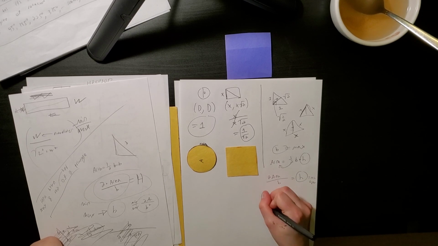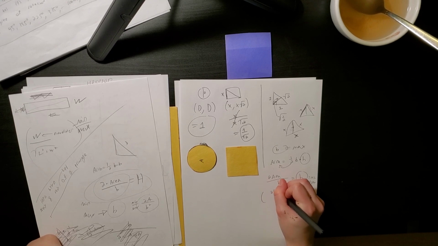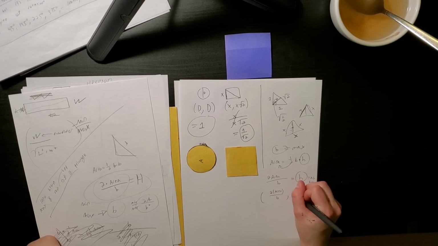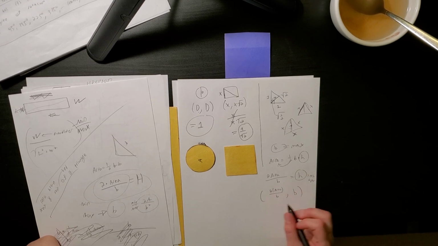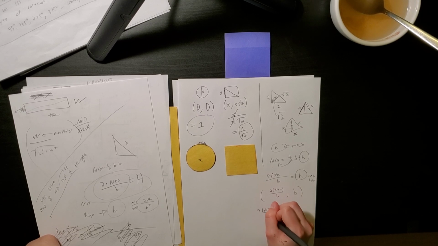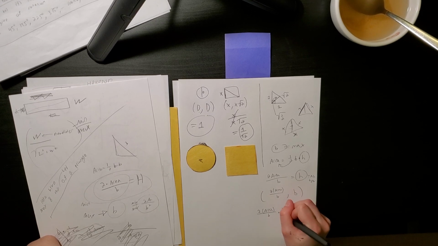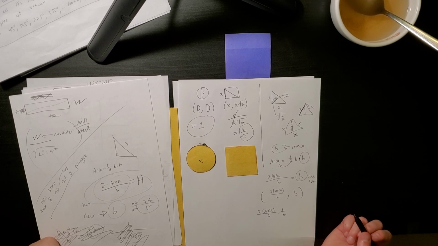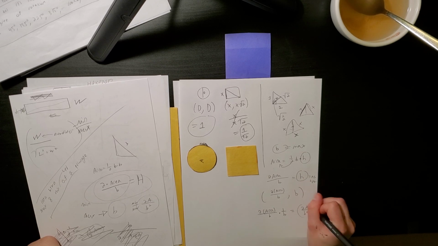So the pair that we get over here is 2 times the area divided by the base, comma, the base. Now if we think of that ratio, we do 2 times the area divided by the base times 1 over the base, so we put the ratio where this becomes the denominator, and we get essentially 2a over b squared.